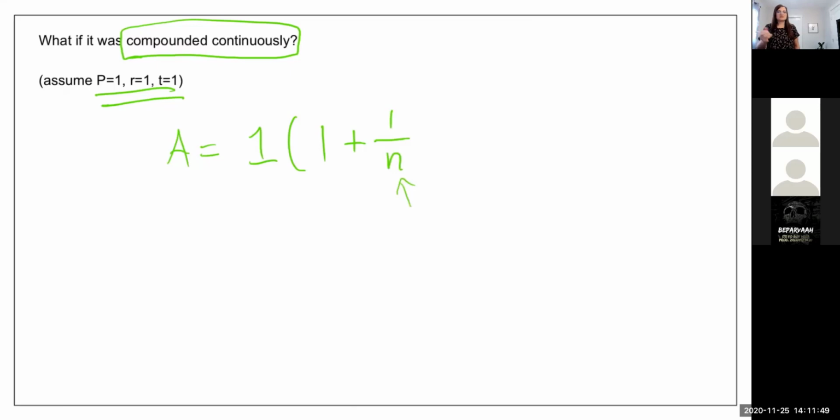I'm just choosing ones to see what happens if we make these all ones, so for 1 year, but n periods of continuous growth. So not seconds. If it was seconds, it would be 365 times 60 times 60. Not seconds, but all the time, like milliseconds or even microseconds or whatever. And so I want to see what this becomes.